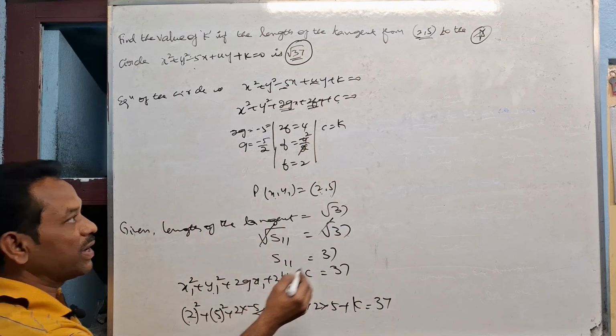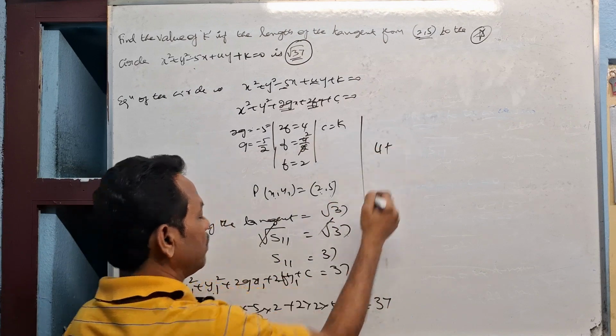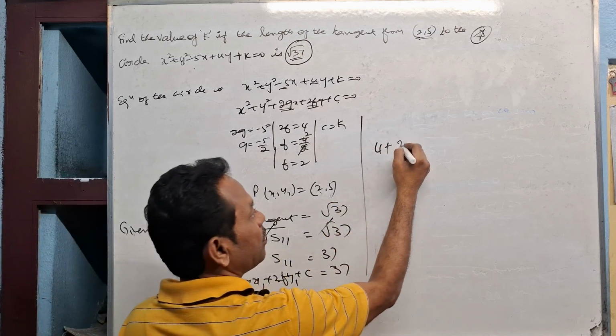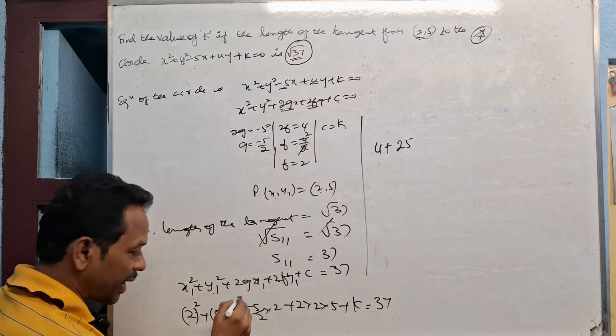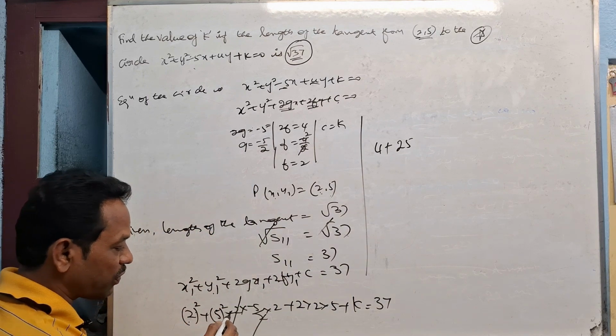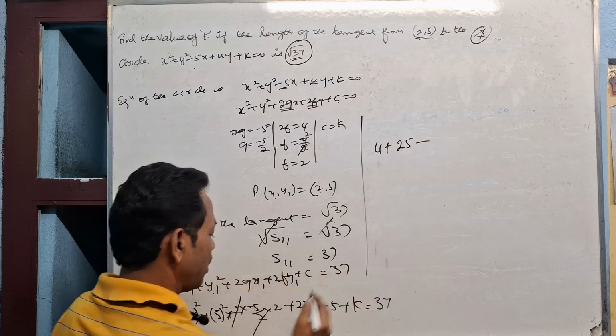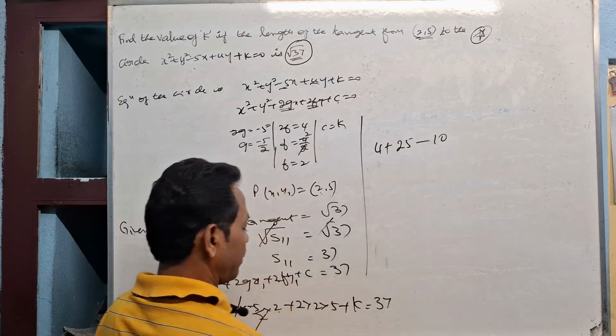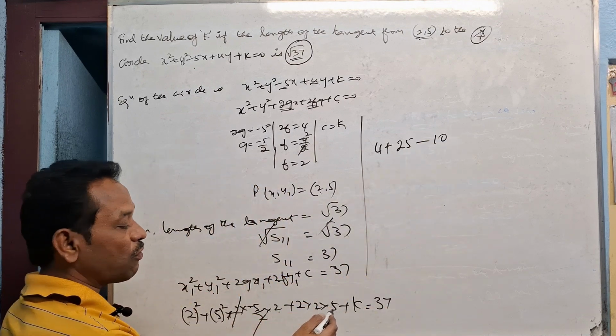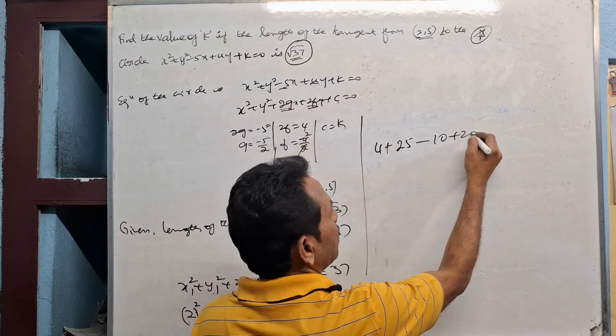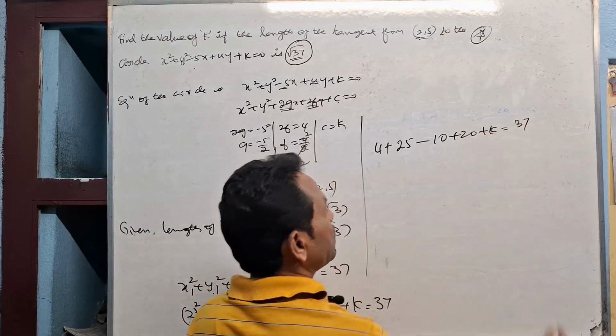Now 2 square is 4, 5 square is 25. Next, we can cancel these 2 and 2. So plus into minus, 5 into 2, 10. Next, 2 into 2 is 4, 4 into 5 is 20, plus k equal to 37.